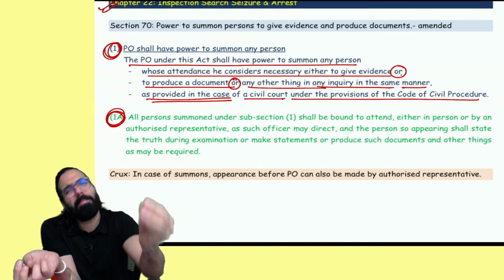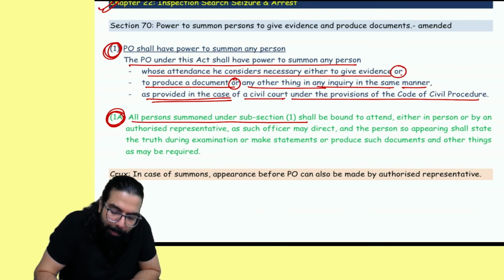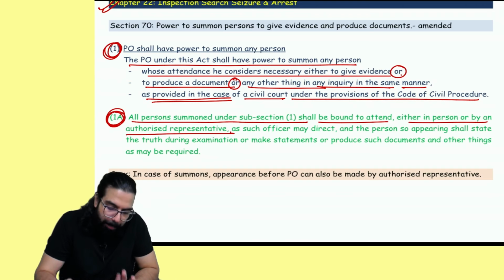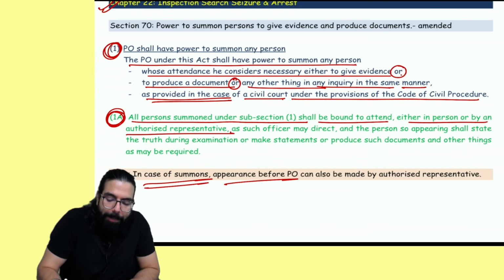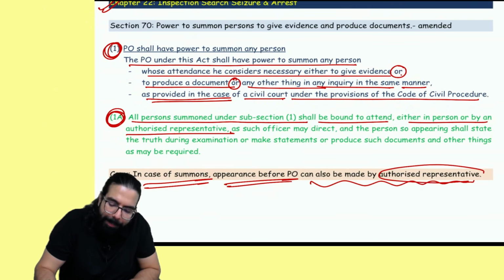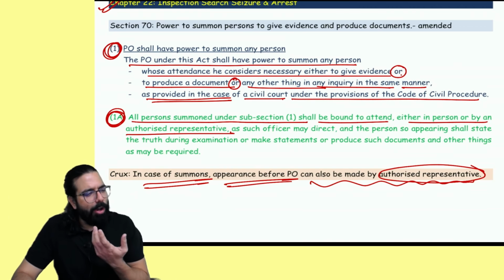And so they explicitly wrote in section number 70 that all persons who are summoned shall be bound to attend either in person or by an authorized representative. It means in case of a summon, appearance before the proper officer can be made by you or by an authorized representative, like your chartered accountant, cost accountant, or your employee.